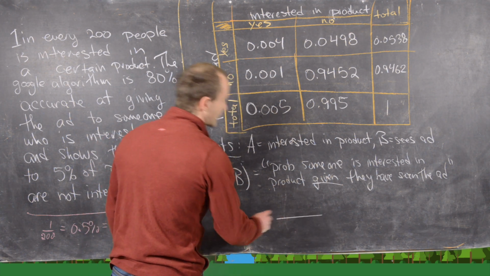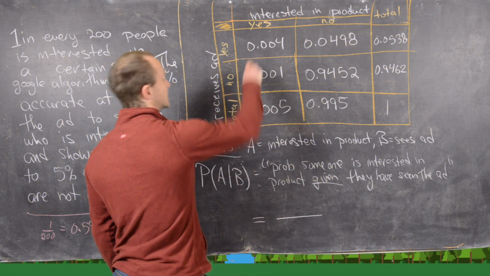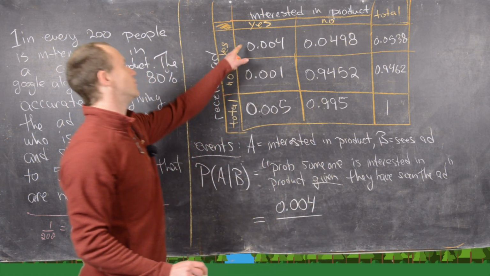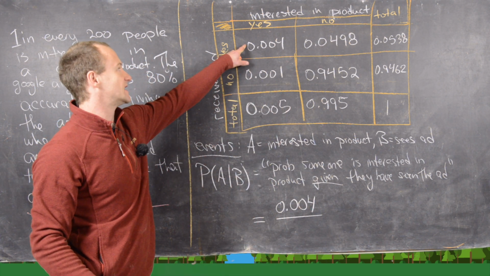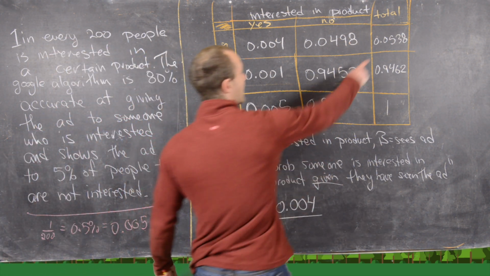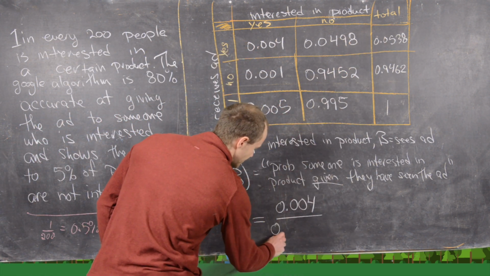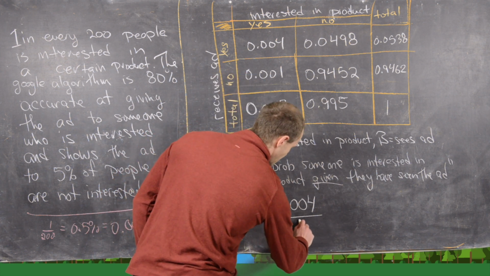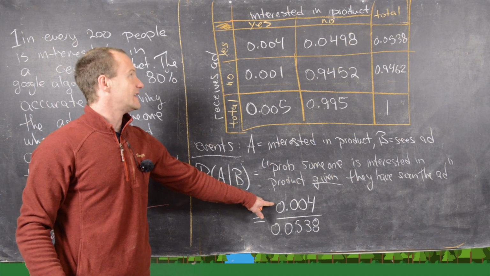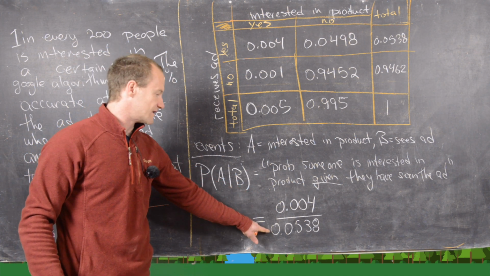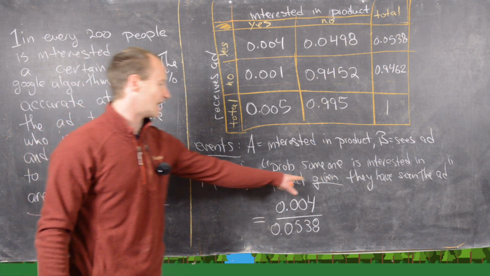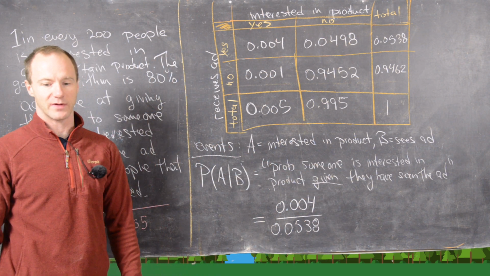So notice this is going to give us 0.004 in the numerator because this is interested in the product and having seen the ad, divided by this number right here. So this is 0.0538. So notice we have seen the ad and interested in the product divided by the total number who have seen the ad. And that is because we have this conditional probability.